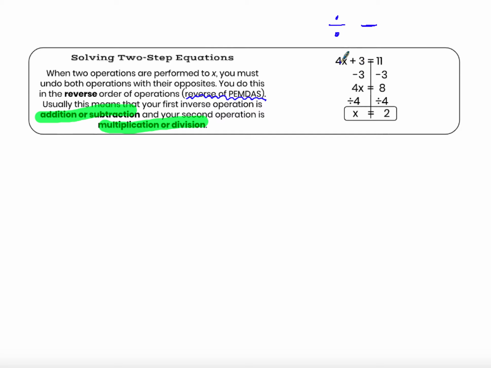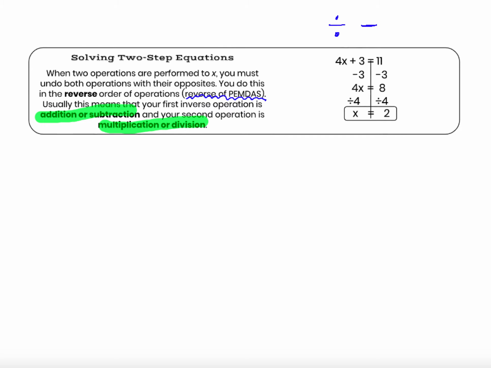So PEMDAS, I multiplied and then I added. When I'm undoing that, I need to go in the opposite order. I need to subtract and then divide. So 2 ways to think about it: memorize, add or subtract, then multiply or divide, or think about it, reverse order of PEMDAS. And again, we will be giving you some more intuition behind that later on.